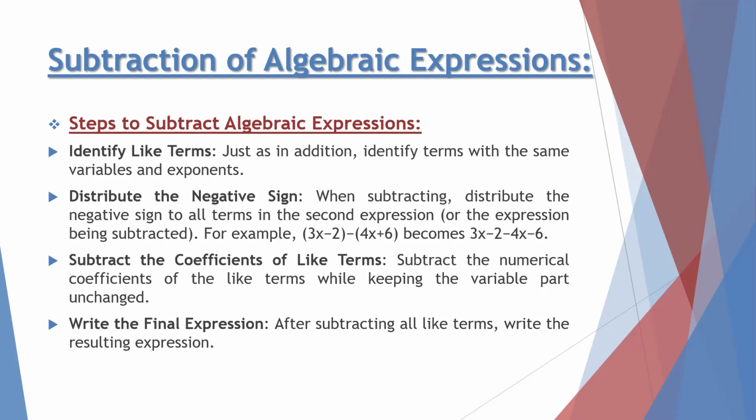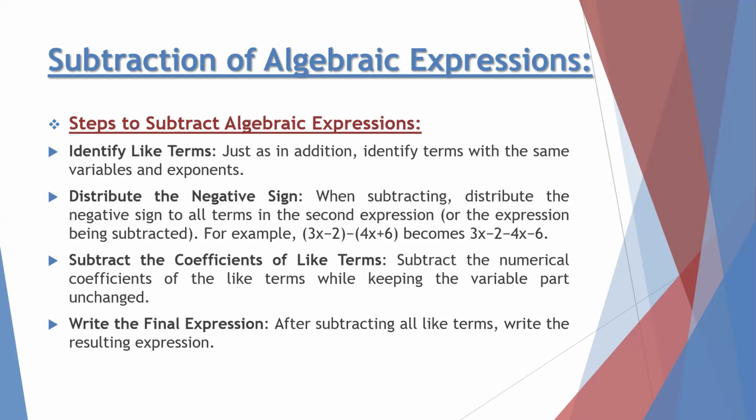Then the third point is to subtract the coefficients of the like terms. Here you subtract the numerical coefficients of the like terms while keeping the variable part unchanged. Then the final step is what? Write the final expression, which is, after subtracting all like terms, write the resulting expression.